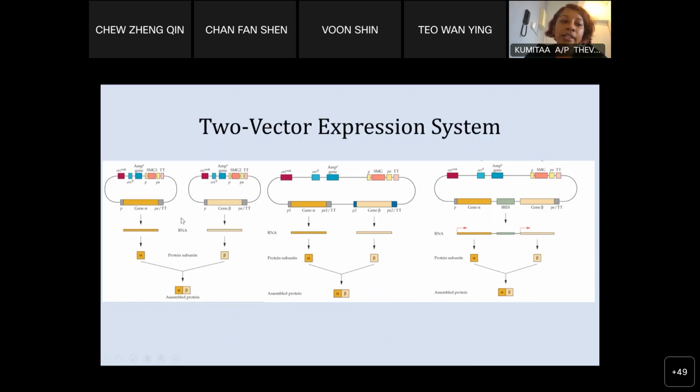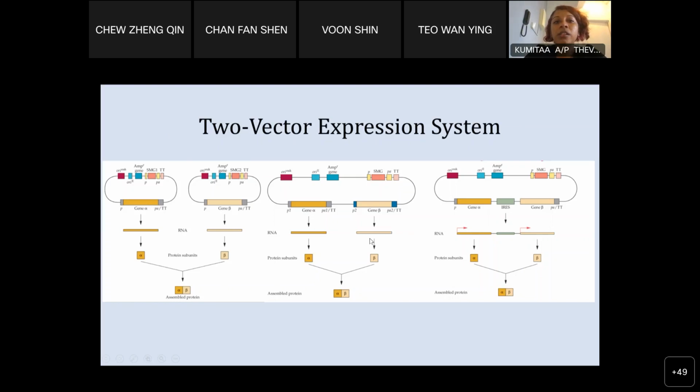In this case, you can get a single plasmid expressing gene alpha and another one expressing gene beta. In both these cases, you can imagine that they produce separate mRNA, which are protein subunits, which can then be assembled together. So this is definitely one way of doing it, but people try not to use this so much because you're actually utilizing two different plasmids of two different systems.